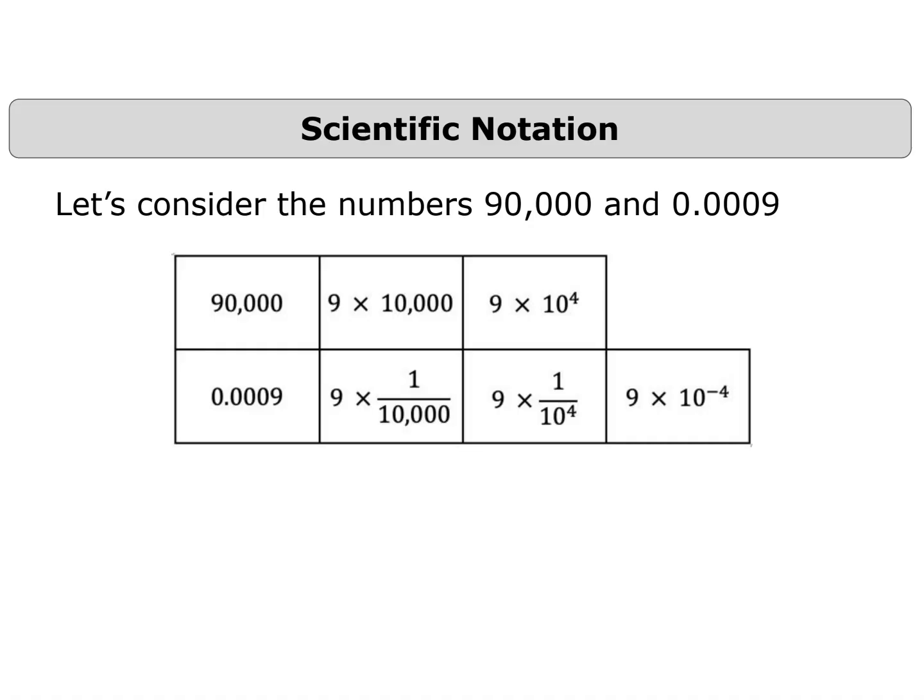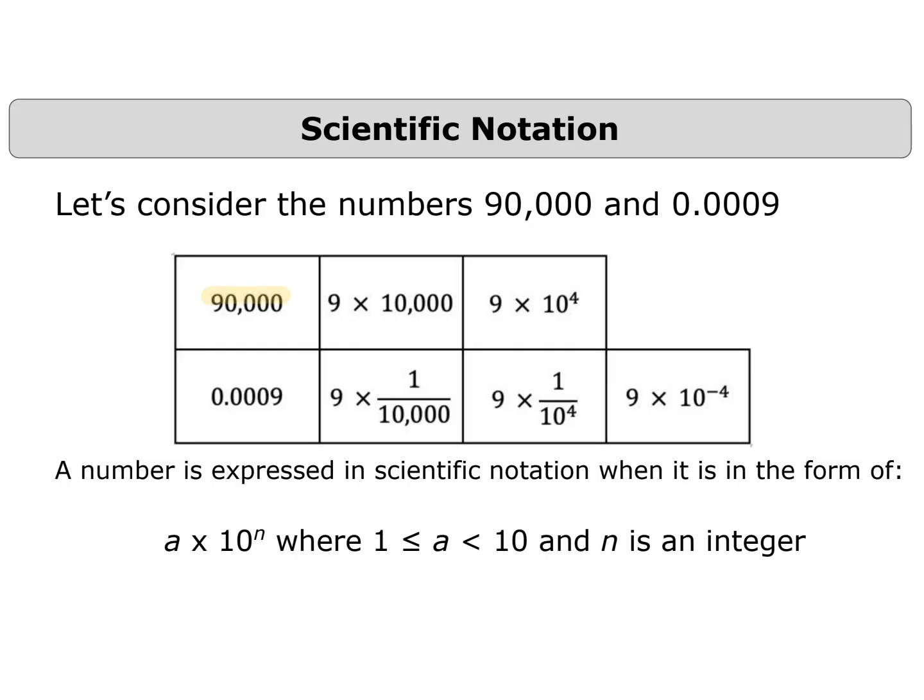Therefore, 0.0009 could be written as 9 times 10 to the negative fourth power. Here we have taken a standard number and we have written it in scientific notation.